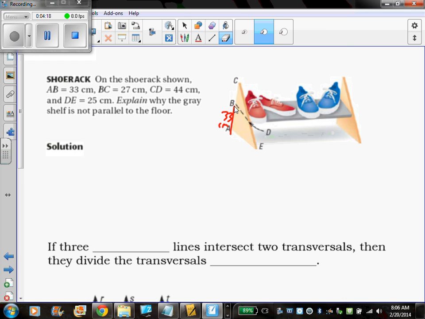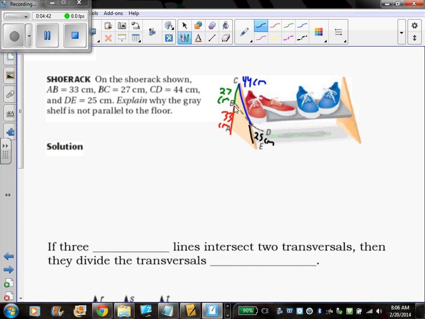We're told that BC has a length of 27 centimeters. We're told that CD, so this part here, has a length of 44 centimeters. And we're told that DE has a length of 25 centimeters.